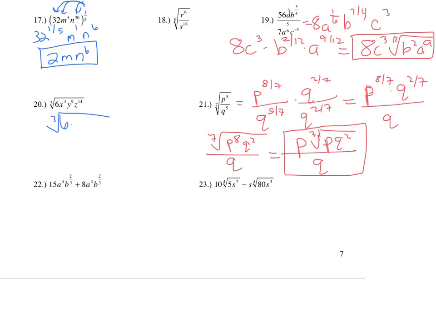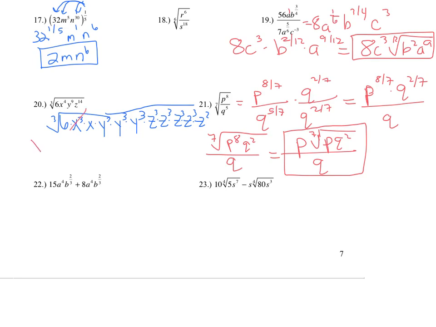I'm going to break down x to the 4th into x cubed times x, y to the 9th, well, that's y cubed times y cubed times y cubed, and z to the 14th, z cubed, z cubed, z cubed, z cubed, times a z squared, just so you can see how many times I'm going to be able to take a cube root.